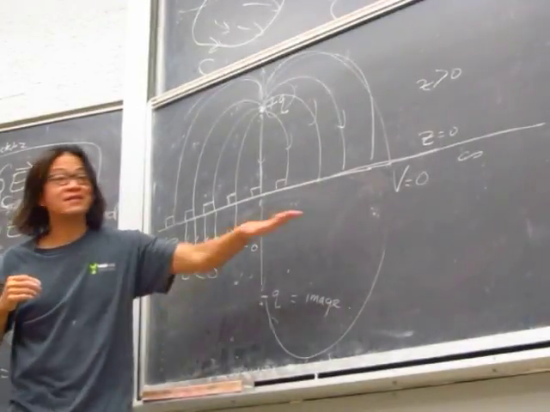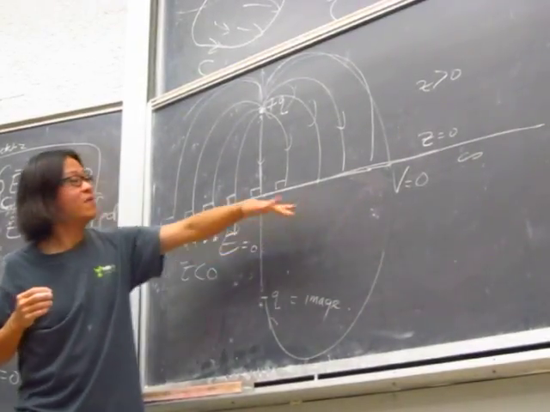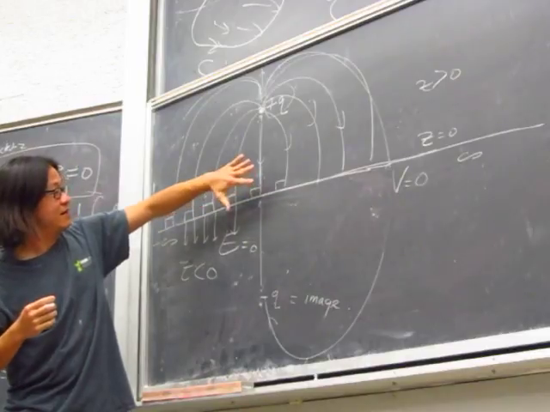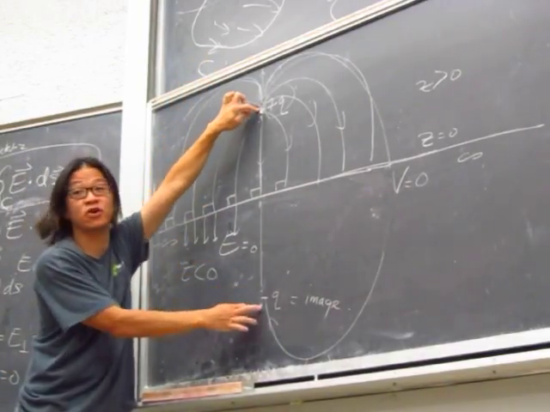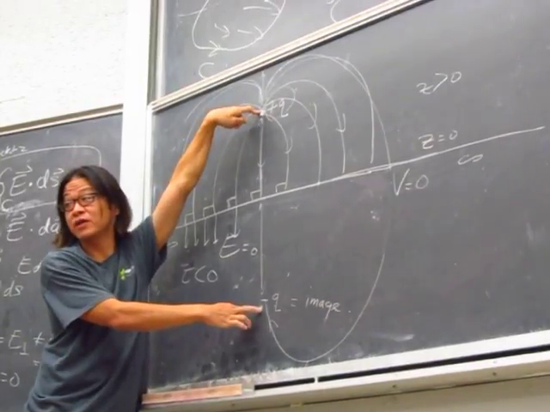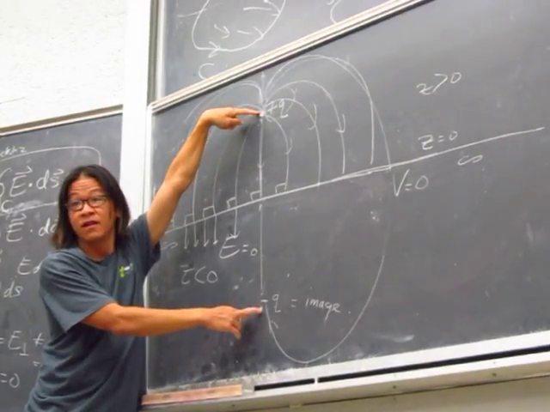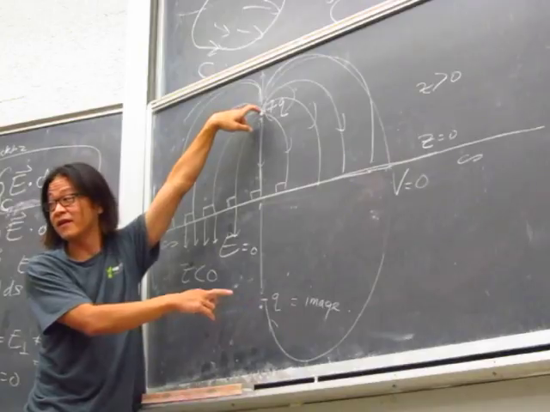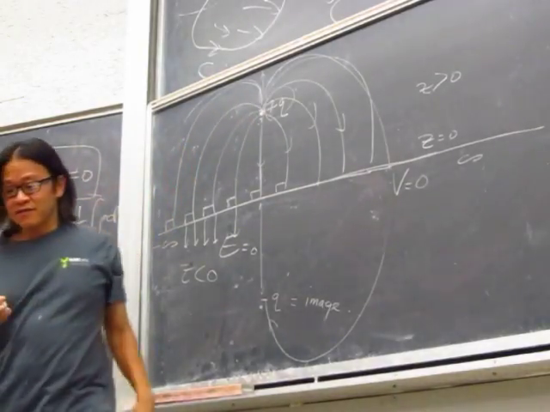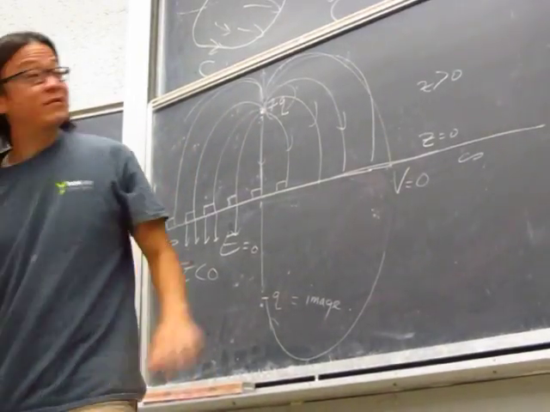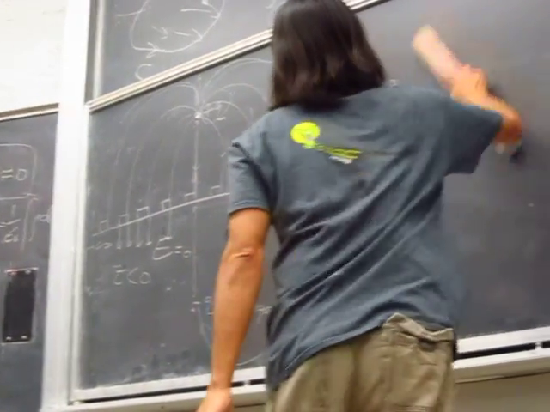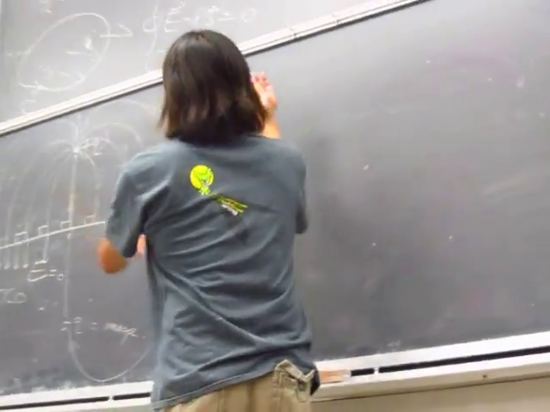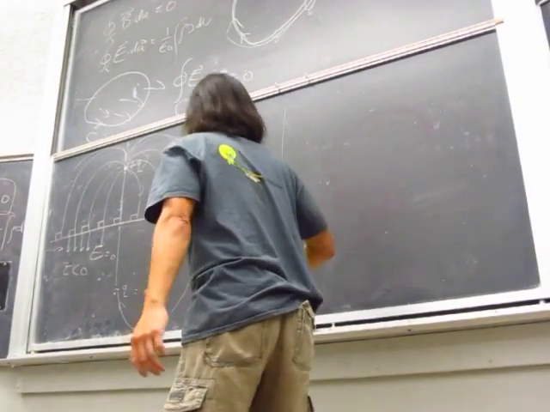So that's the reason I can claim that the top half of the solution is exactly the solution of the plus Q minus Q quote-unquote dipole. So this is one problem. Another problem is actually very useful. You can do many things with this kind of method.